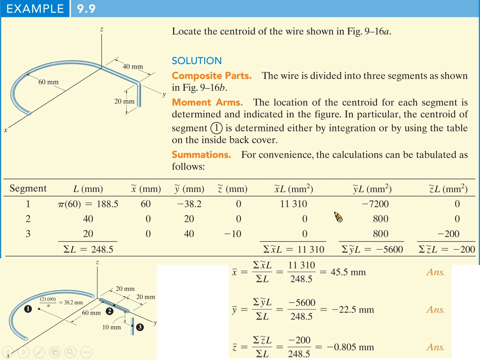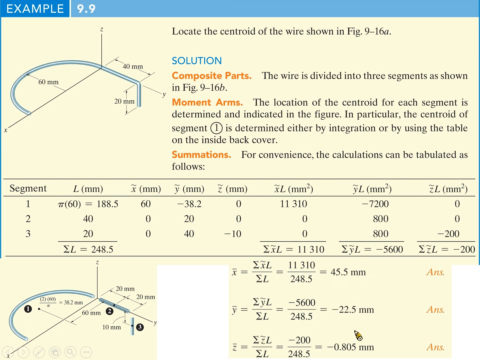Okay, then we know the summation of average x times the length is this value, and the summation of average y times length is this value, negative 5,600, and the summation of average z times length is negative 200. So we use those summations divided by the summation of length, so we can work out the average value for x, y and z.